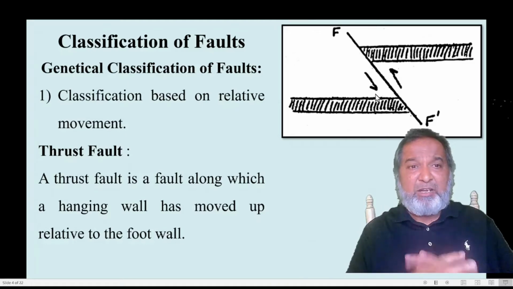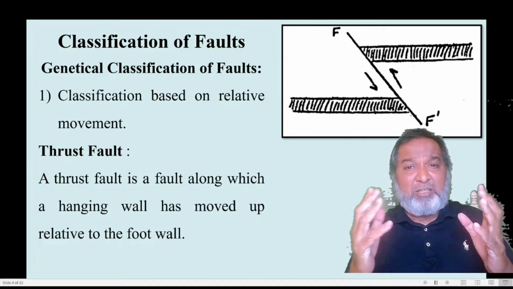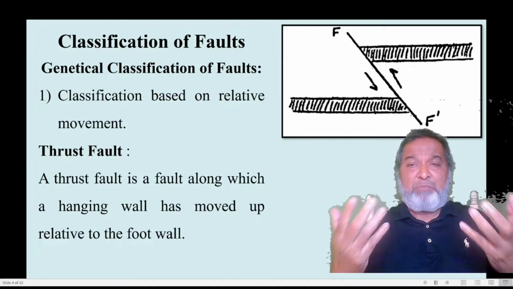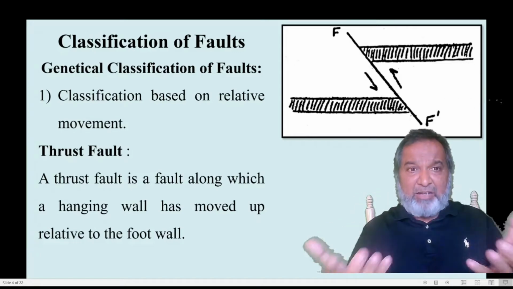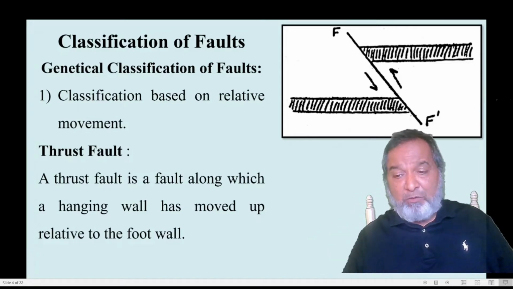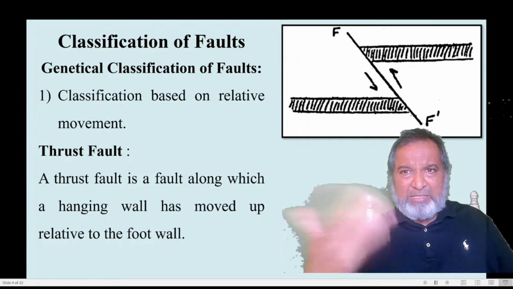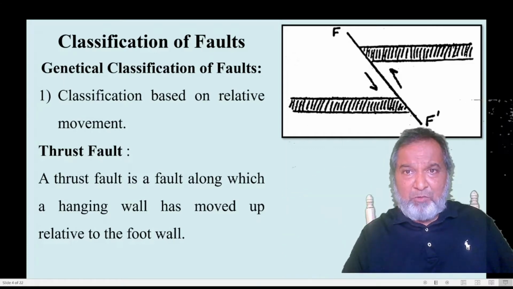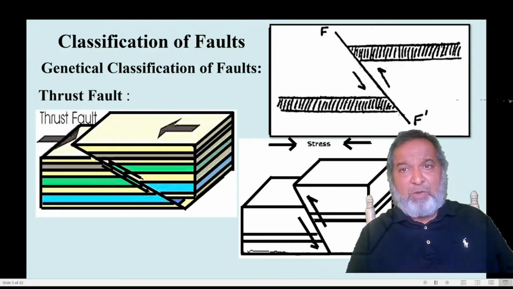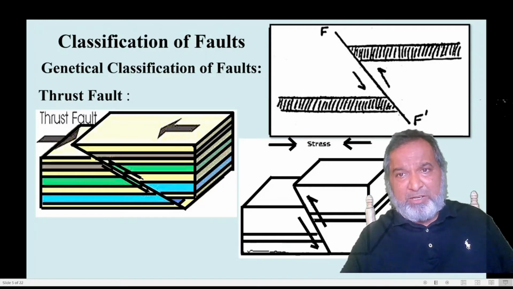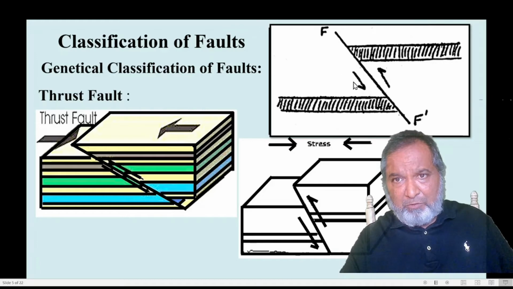Then this particular fault is called a thrust fault, as it is against gravity, or it is simply called a reverse fault. But thrust fault is the basic one. Here again we show the hanging wall has gone up and the footwall has gone down.